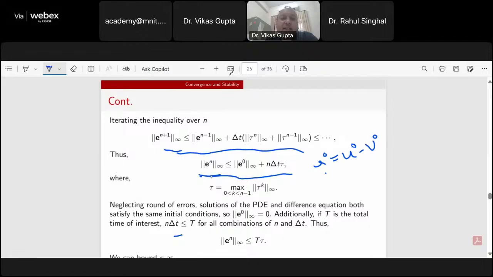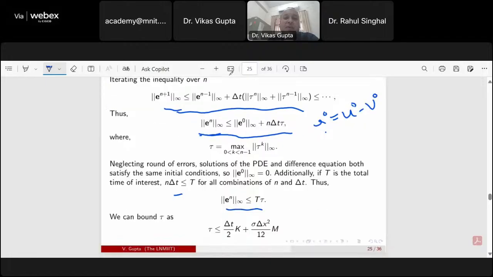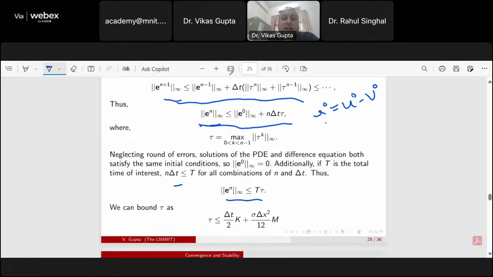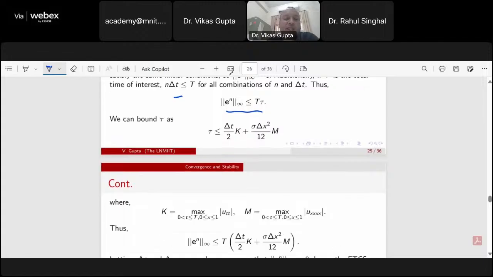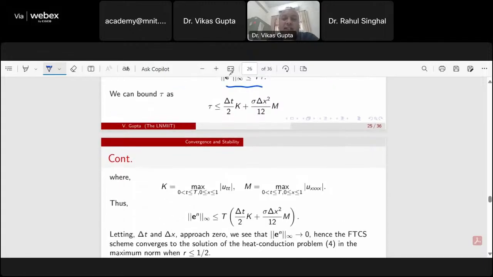So thus that error inequality takes this form: norm En infinity less than or equal to T tau, where tau is bounded by delta t by 2 K plus sigma delta x square upon 12 M, where K is the maximum of utt, and M is the maximum of the fourth derivative of u with respect to x over the whole rectangular domain.